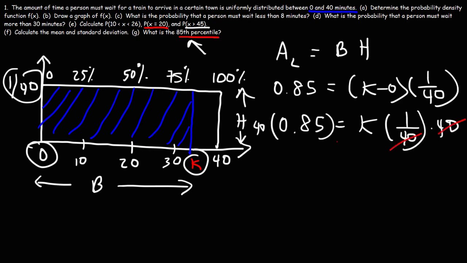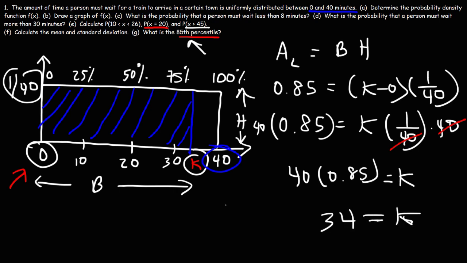So the 40s will cancel on the right side. And thus k is simply 40 times 0.85. Because this particular problem started at 0, the 85th percentile is simply 85% of 40. 40 times 0.85 is 34.